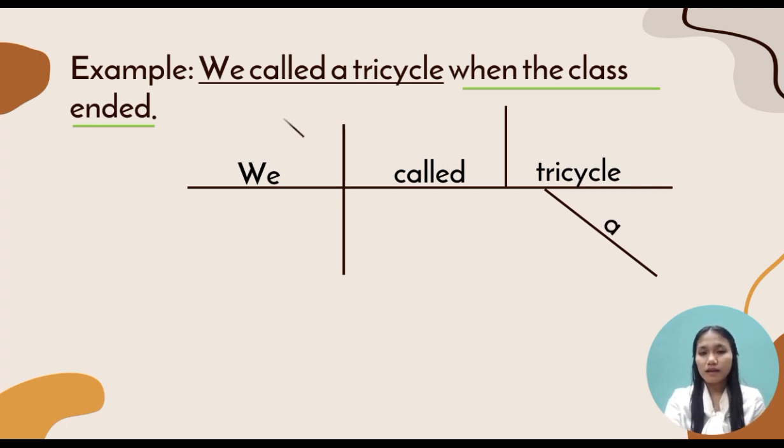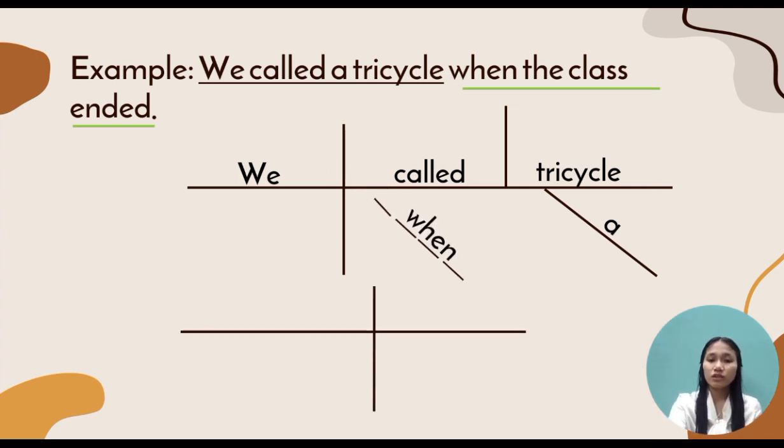Then when is our subordinating conjunction, and class is our subject because it is the one being talked about in our sentence, and ended is our verb.